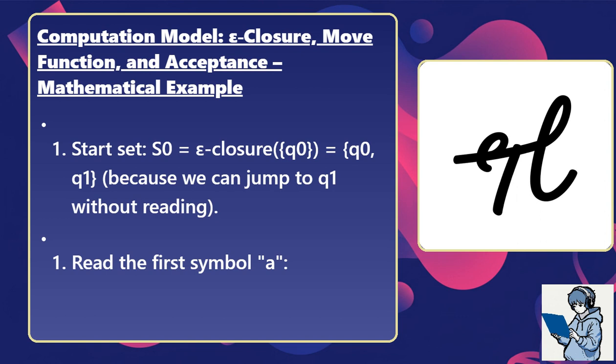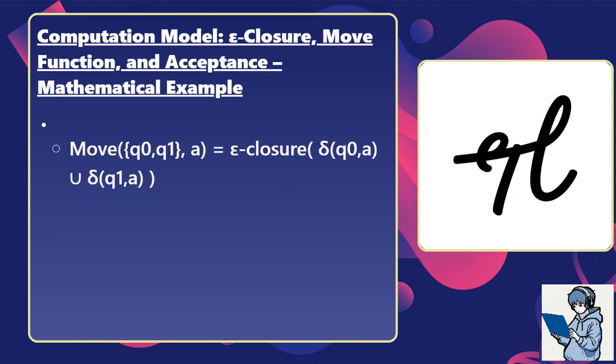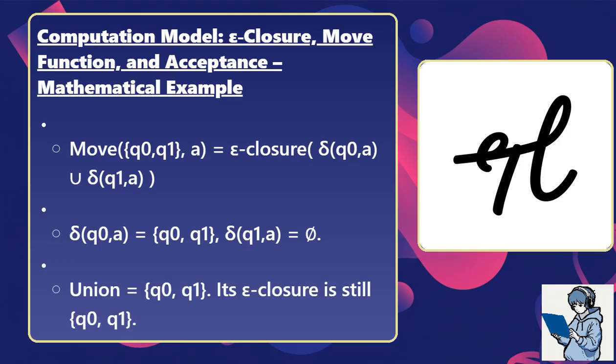Read the first symbol A: move of {Q0, Q1} with A equals epsilon closure of delta of Q0 A union delta of Q1 A. Delta of Q0 A equals {Q0, Q1}. Delta of Q1 A equals the empty set. Union equals {Q0, Q1}. Its epsilon closure is still {Q0, Q1}.